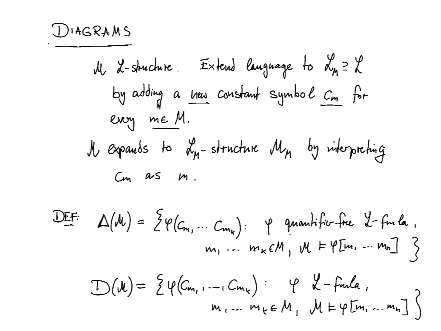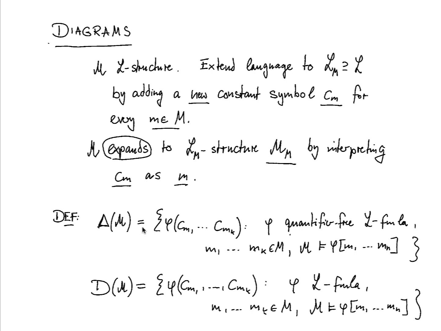And now we're able to address every element of a structure in a formula directly, by just interpreting the constant symbol c_m as m. This way, we clearly can expand a structure M to an L_M structure M_M by interpreting c_m as m.